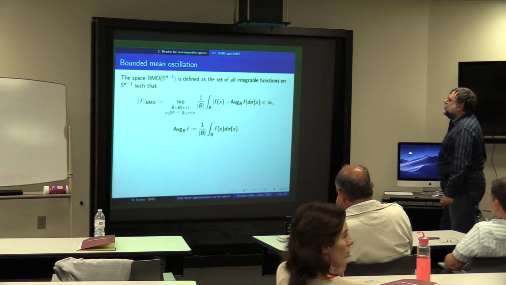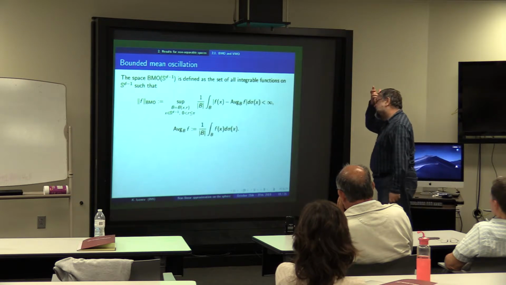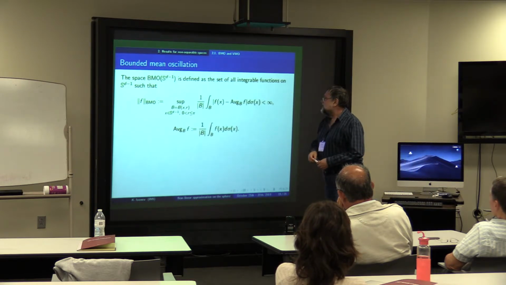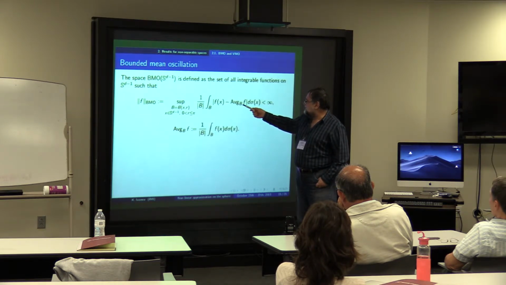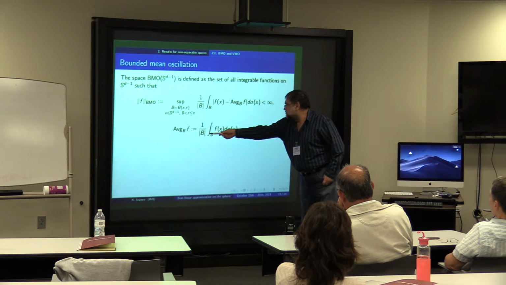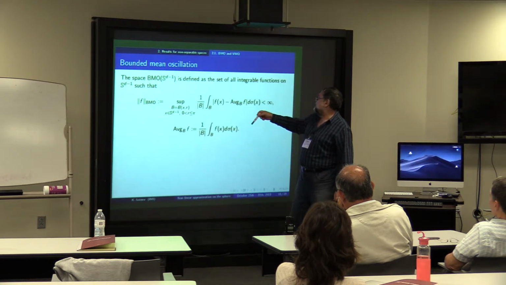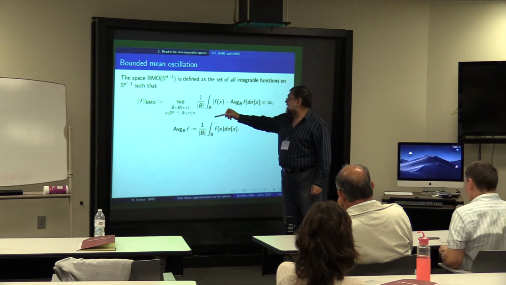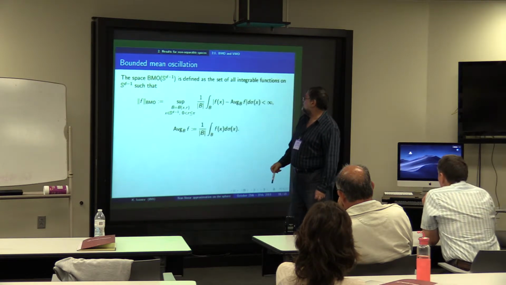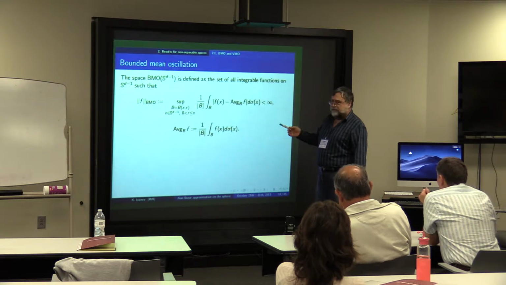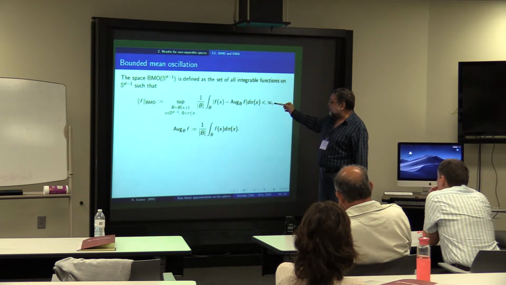Okay, BMO, bounded mean oscillation on the sphere, is defined as the set of all integrable functions f which deviate from the average on the ball, in absolute value and divided by the measure of the ball, by a finite number, which is called the norm in BMO.